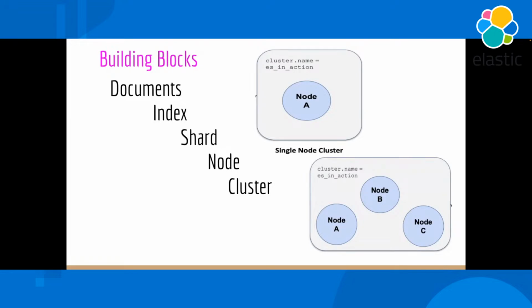In this case, as you can see, the first picture depicts a single node. On my local machine, I only have one node running at this point in time. That's why I call it a single node cluster. The minute you start up your Elasticsearch application, it automatically creates a cluster with one node, because no more nodes are joining it.